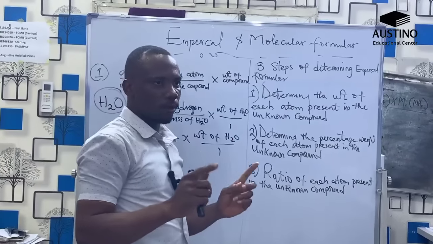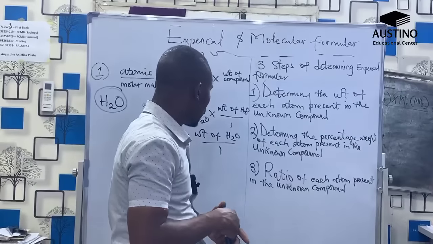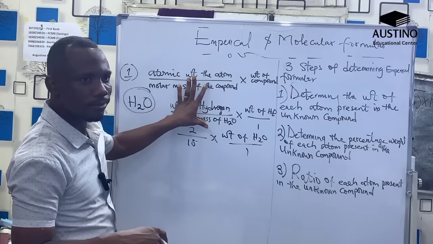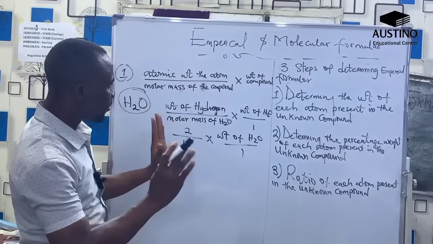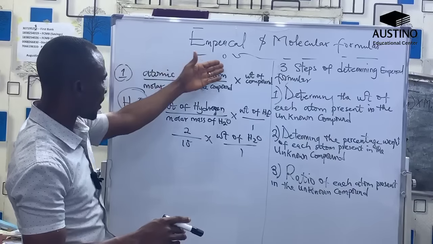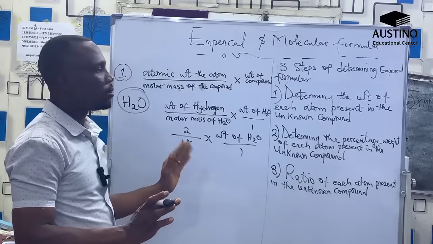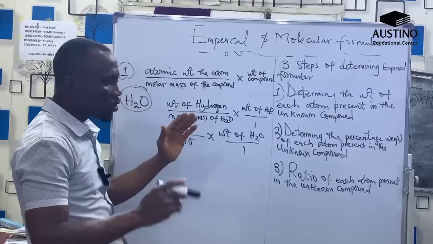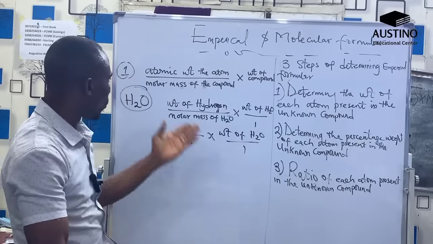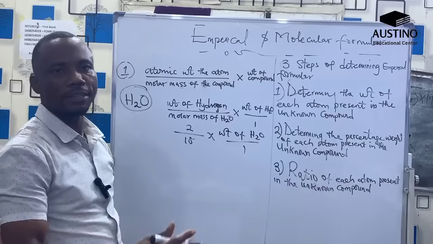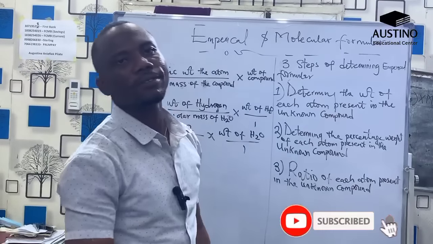So when you do this mathematical expression, you have gotten the weight of hydrogen in the water. And so it's very important you get this. So step number 1 is very straightforward. Get your atomic weight of the atom over molar mass of the compound times weight of the compound.